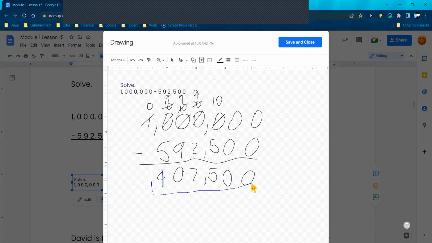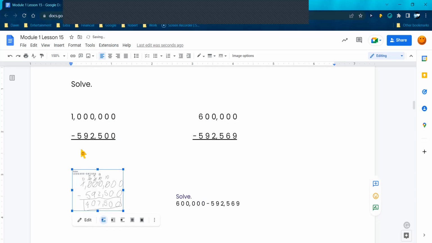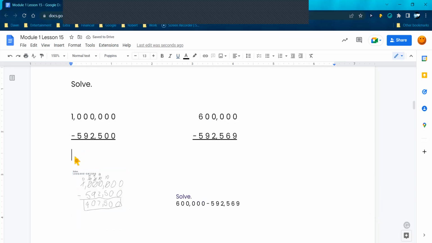So I'm going to go ahead and square it. So I know this is my answer. And then I'm going to come right down here. 407,500 is my answer. And then I'm going to go over to my next problem.